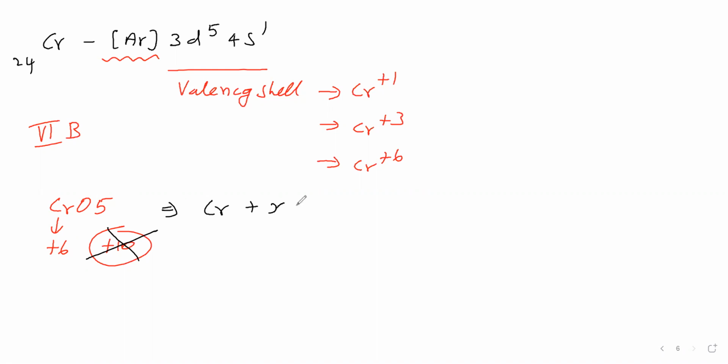Some oxygens carry -1 oxidation number in the peroxide, and some are oxides. Oxides mean -2. Net charge equals 0. See that chromium can show a maximum of +6 only.